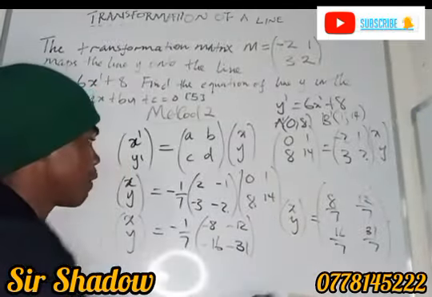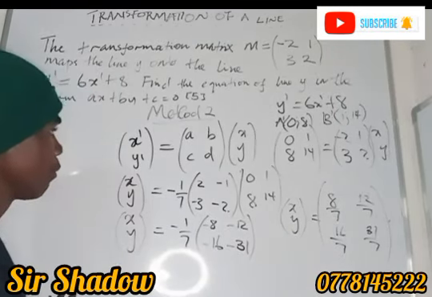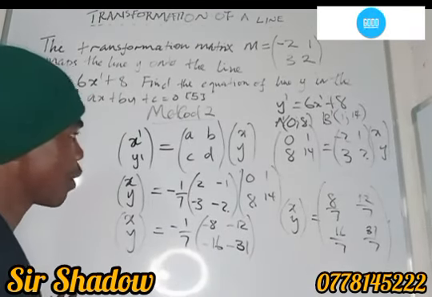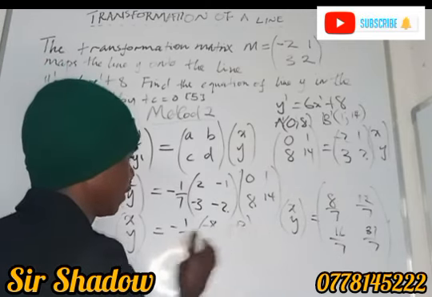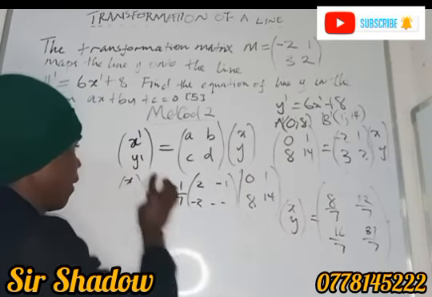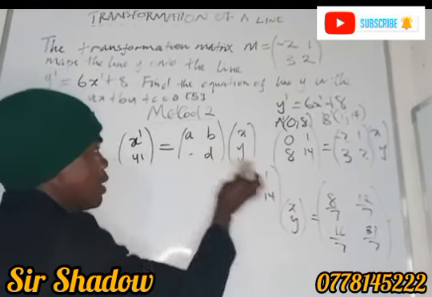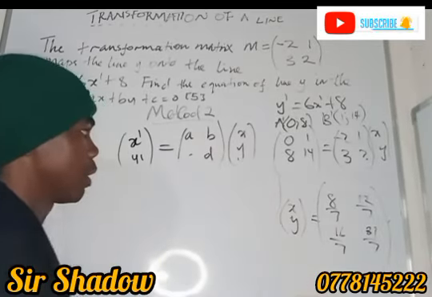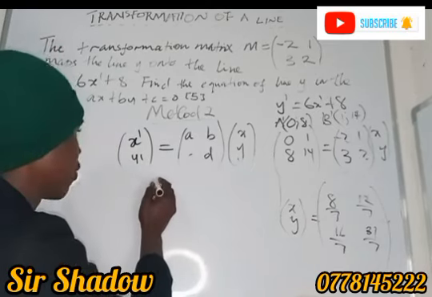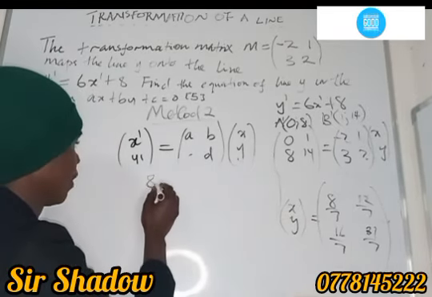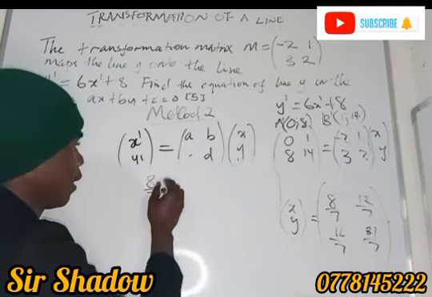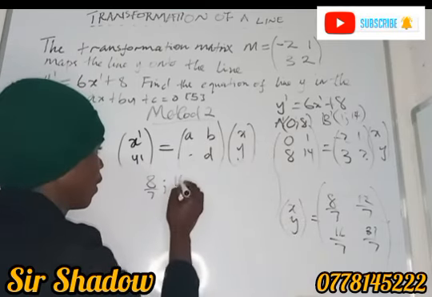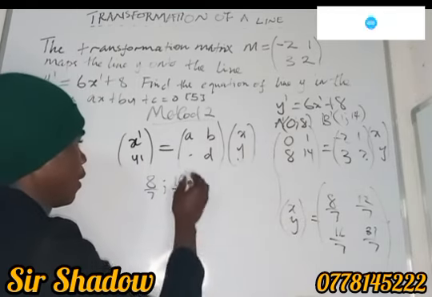Right. Since we have the coordinates of the object, now we have the coordinates of the object. Right. So these ones are the coordinates. We have the coordinates 8 over 7 and 16 over 7.